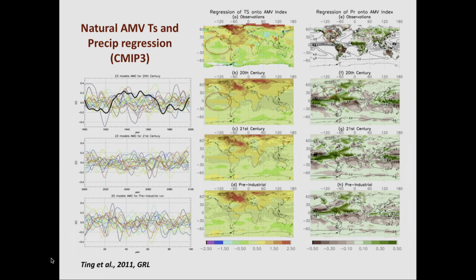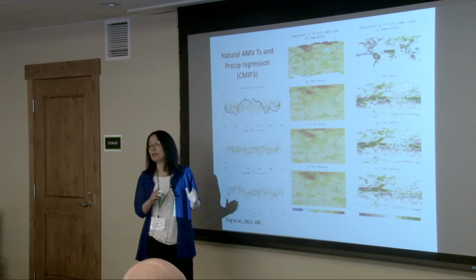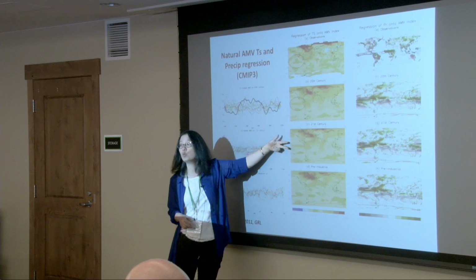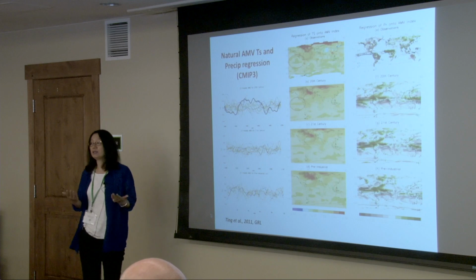What's also interesting is we notice that there is some discrepancy in the Pacific domain. The top is observation. Again, the colors are not showing up, but it's a negative in the Nino region, whereas in the models, they tend to associate with a warm Pacific SST. So the question is, are these linked together?